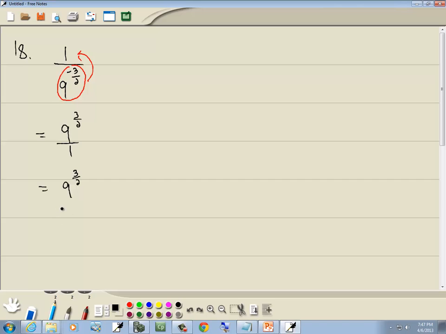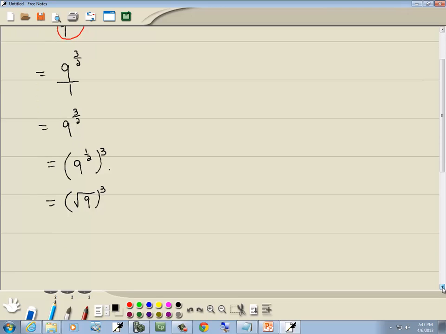Well, now we have a number to a fractional power where our numerator is greater than 1. So we're going to use those two steps. We're going to take the number in the numerator, put it on the outside of a set of parentheses. Then we want to rewrite what's inside the parentheses in radical form. So 9 to the 1/2 is the square root of 9, and then the third power carries along.